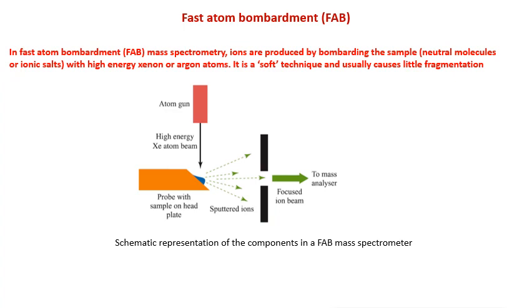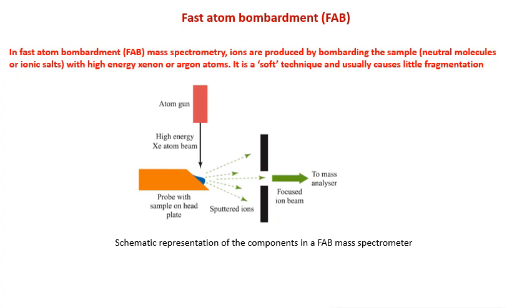In the last method, electron ionization, I showed you that the molecules are bombarded with high energy electrons. Here, they are bombarded with high energy xenon or argon atoms. It is called a soft technique and usually causes little fragmentation. In this FAB method, there is normally little fragmentation as compared to the EI method.